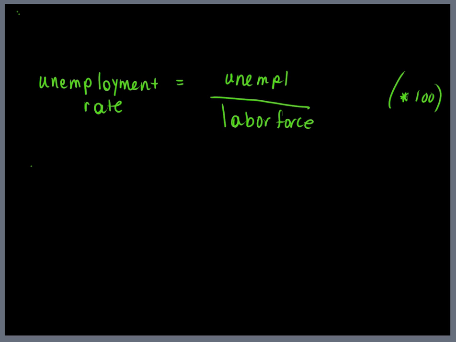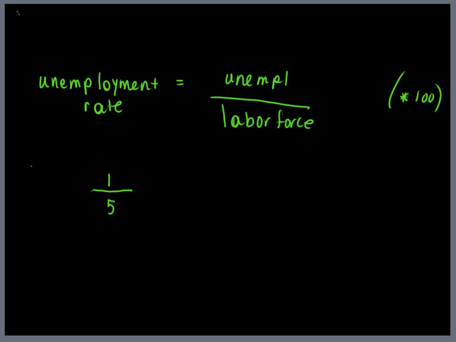And I want to make this unemployment rate larger. I can do it in one of two ways. I can either focus on the number of unemployed, or I can focus on the labor force.